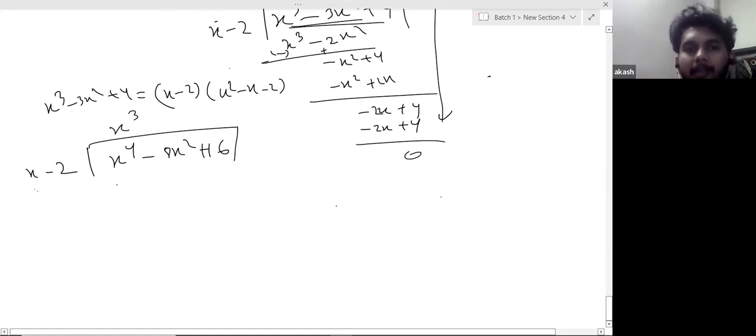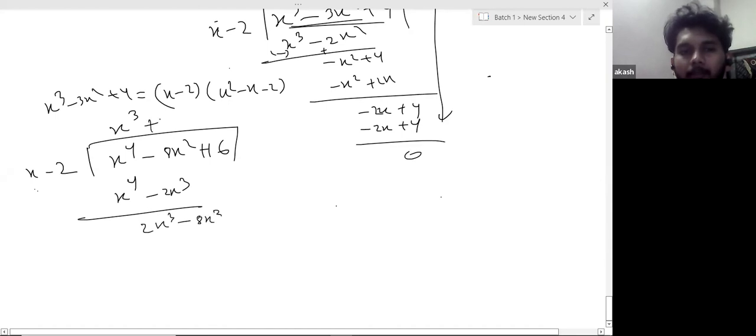We'll have to multiply by x cube. So x raised to the power 4 minus 2x cube. This is cancelled. So this is 2x cube minus 8x square. Now plus 2x square you need to multiply, so 2x cube minus 4x square. So what you get here is minus 4x square plus 16 minus 4x.